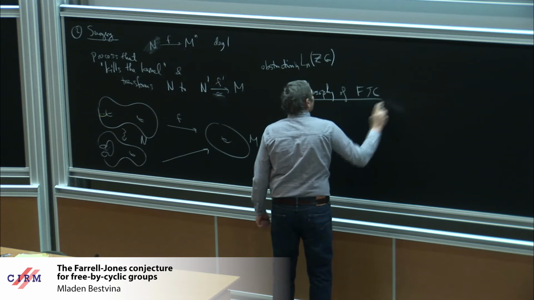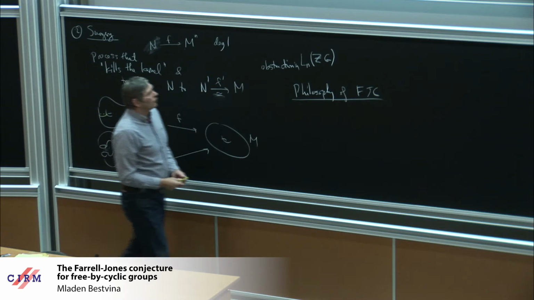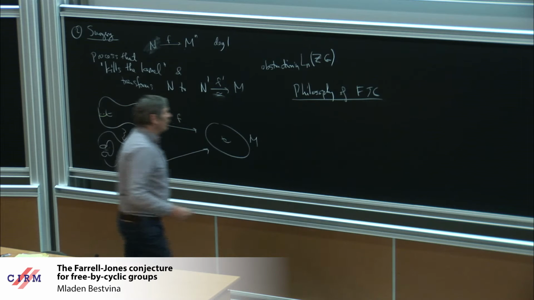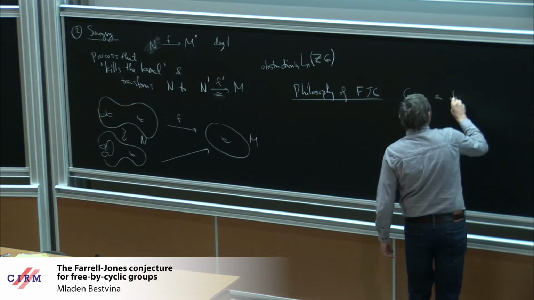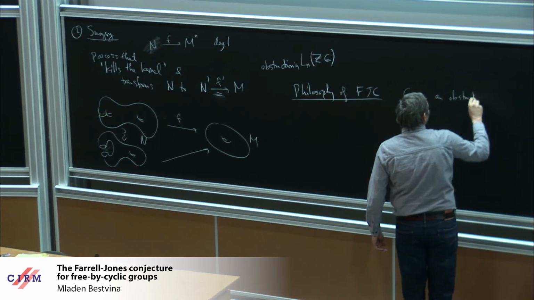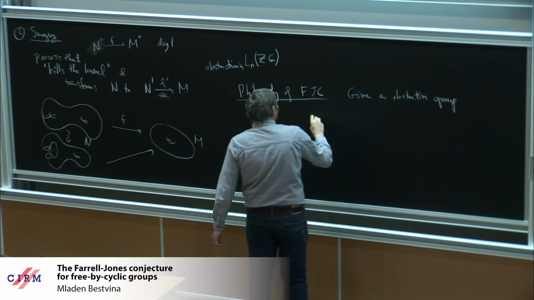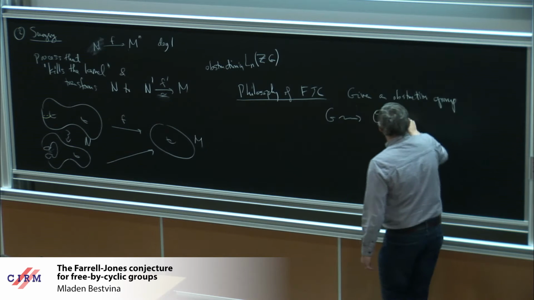Whenever you have, so these obstruction groups all depend on the fundamental group G. And so to a group G, you're associating, well, I'll just call it O of G for an obstruction group.